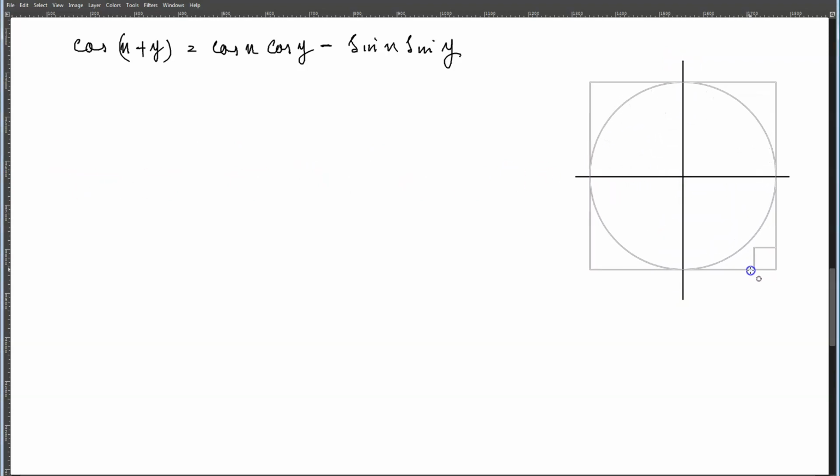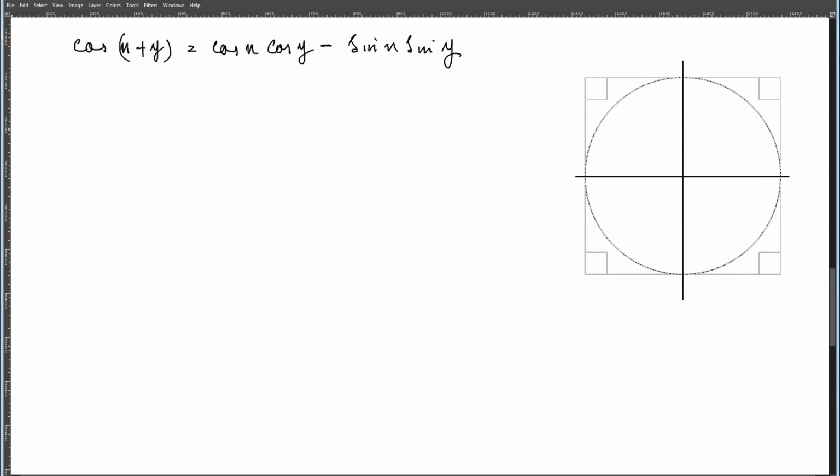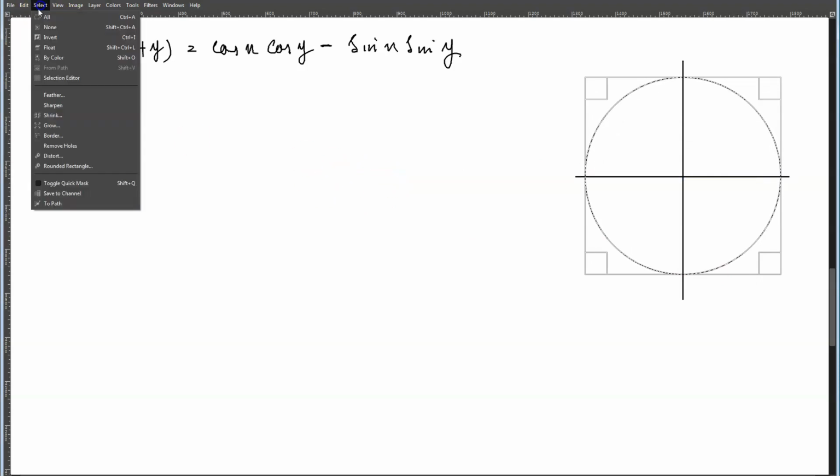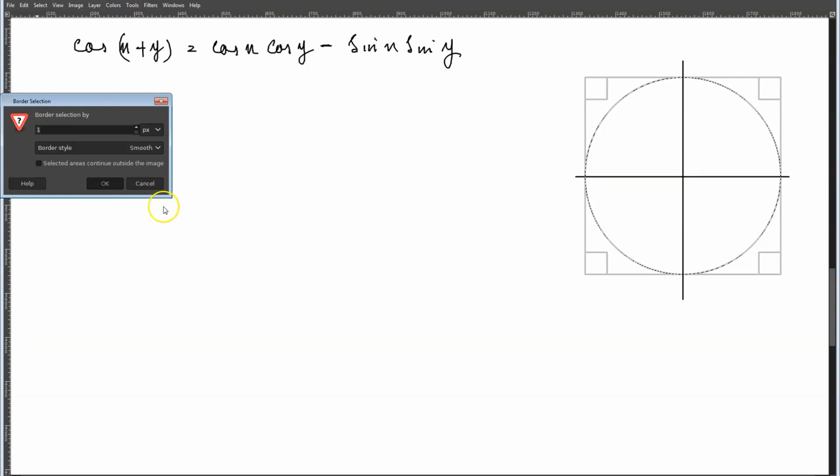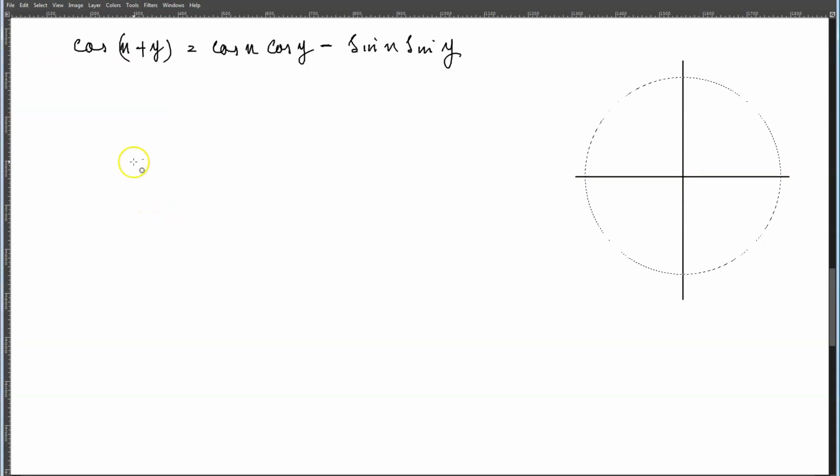Basically if I do the unit circle this way and select the border here and put some colors into it, now I need 2 angles in here, the angle x and angle y, because I have 2 angles over here.